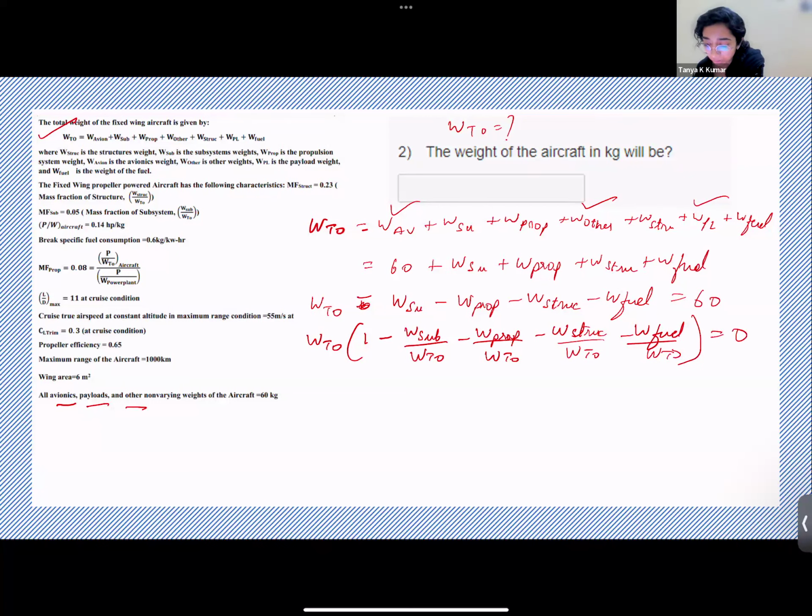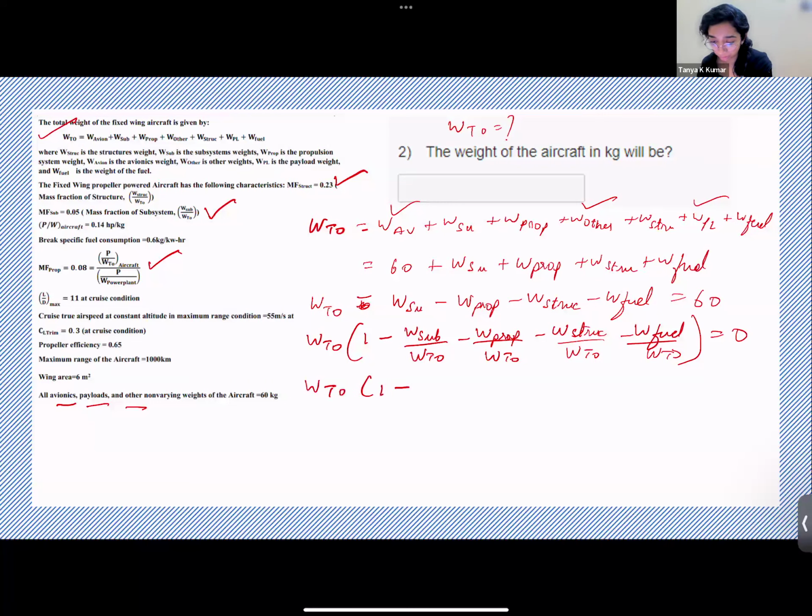Now, subsystem weight fraction, do you have it? Yes, you have it here. Propeller weight fraction, this one, yeah. Structure, you have it. Weight fraction of fuel, we just computed it, right? So you have all of these quantities. So just substitute it in there.